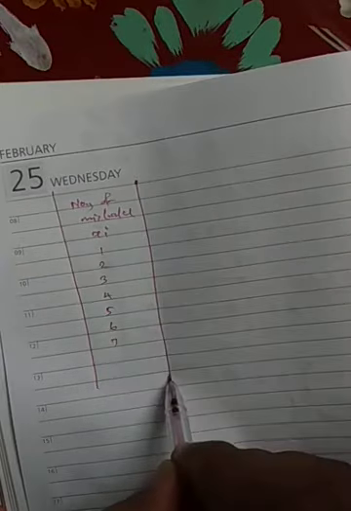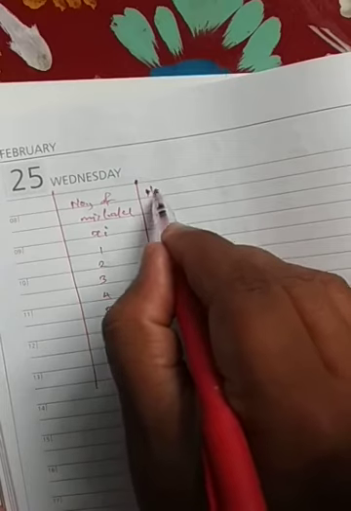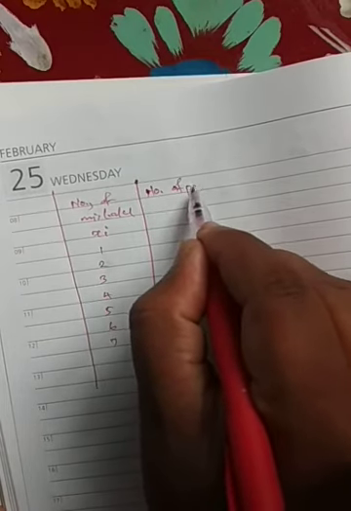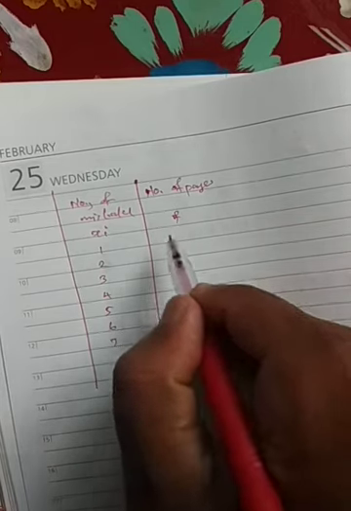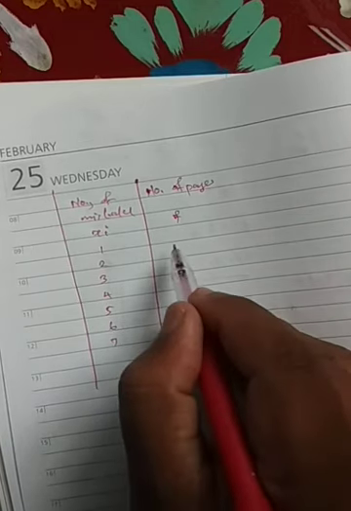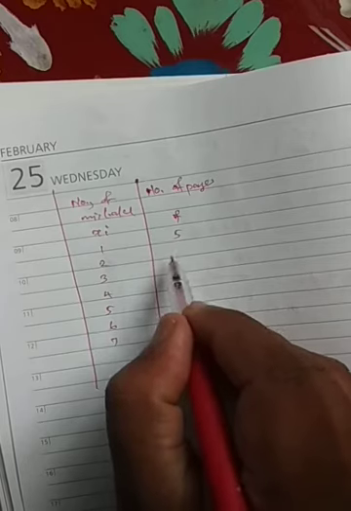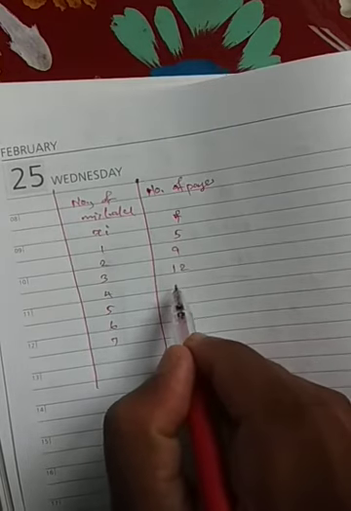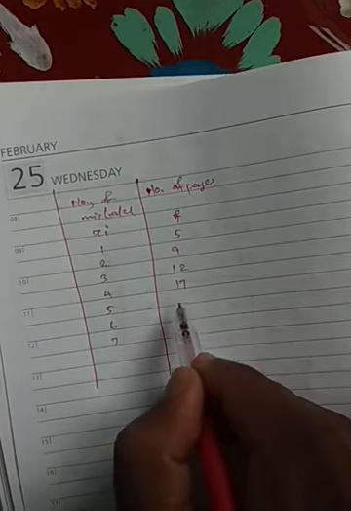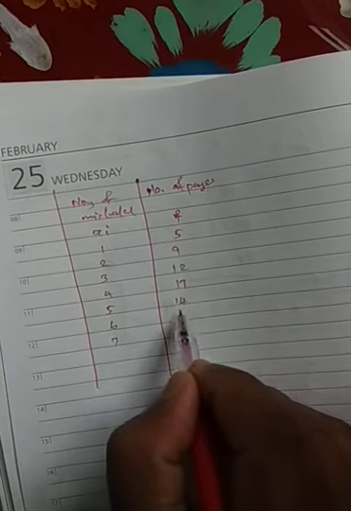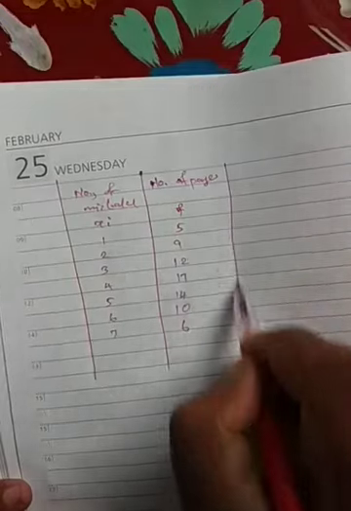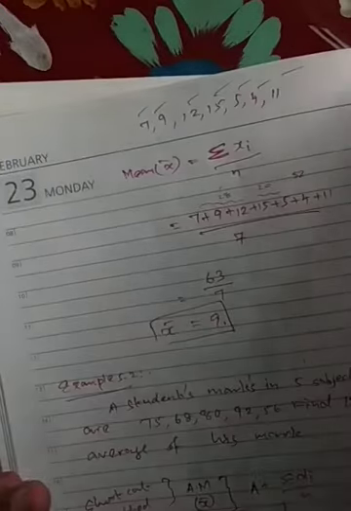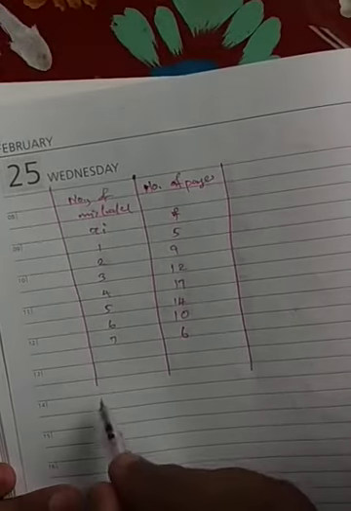Then next, number of pages, that you are going to take as f. So for one mistake it is 5, then 9, 12, 17, 14, 10 and 6. These are the values we are having.